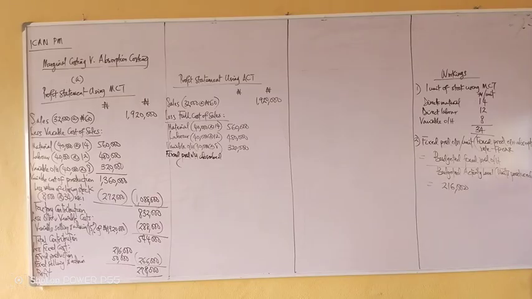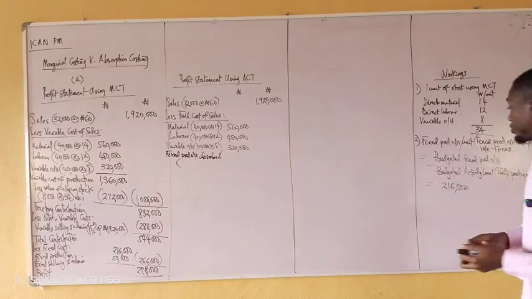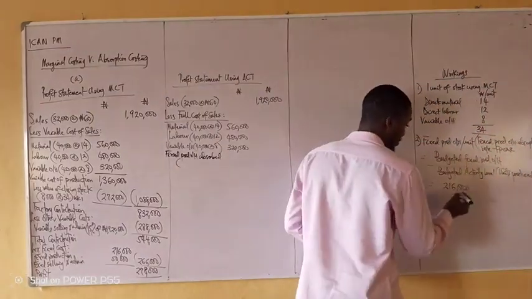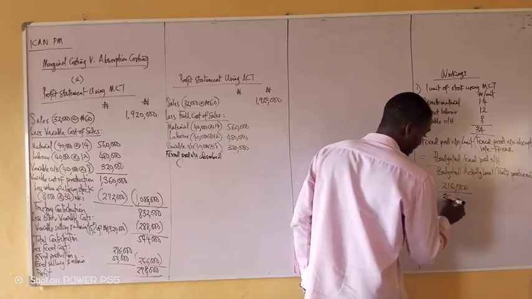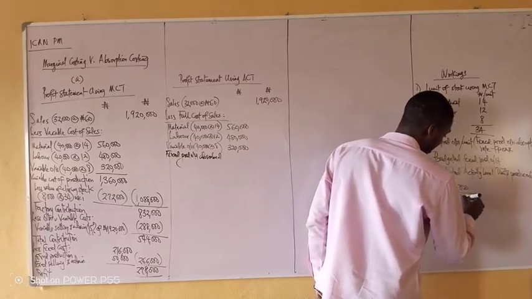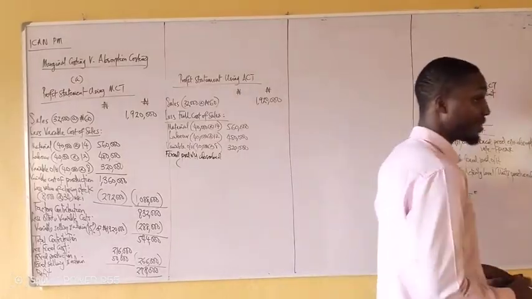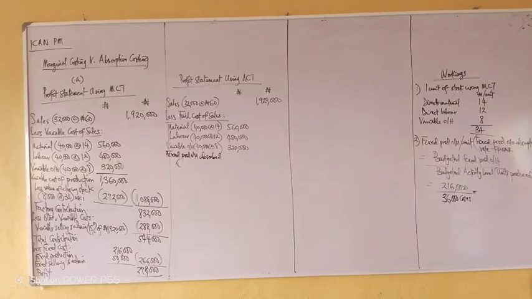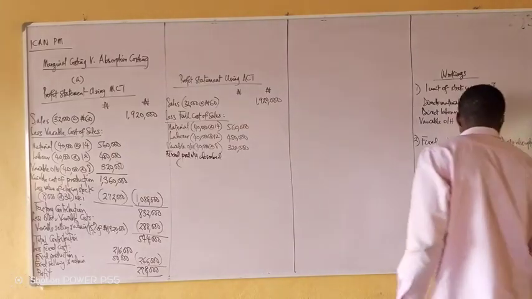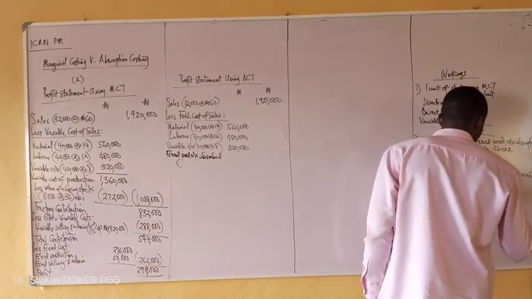That is part of what we see when we treat standard costing. So it will be 216,000 divided by 36,000 cases, which is 216 divided by 36, 6. So this is 6 naira per case.